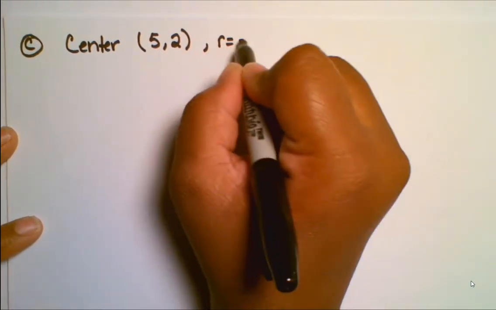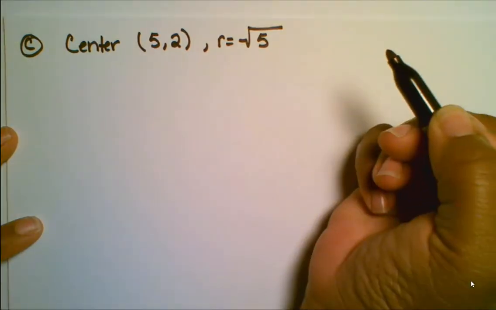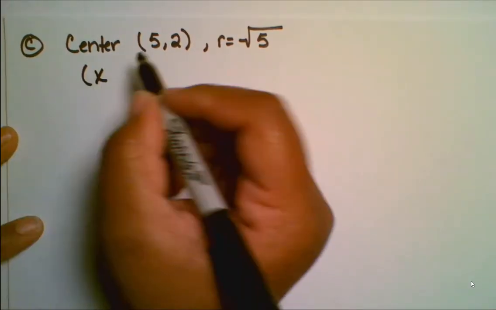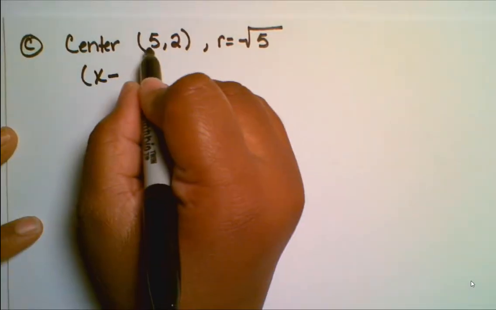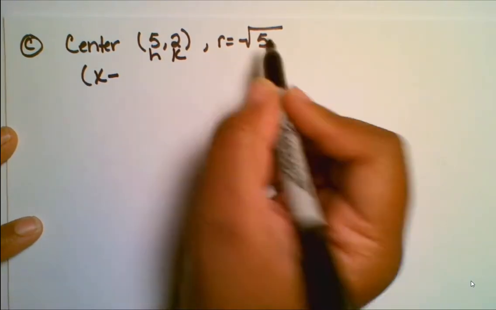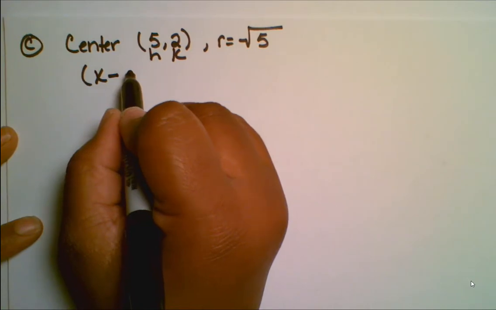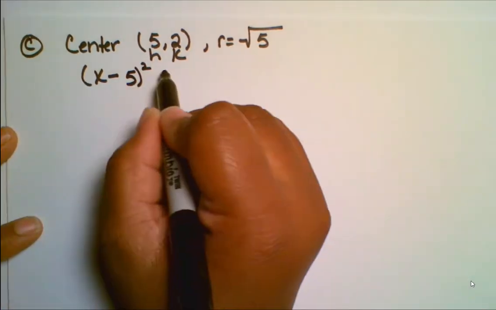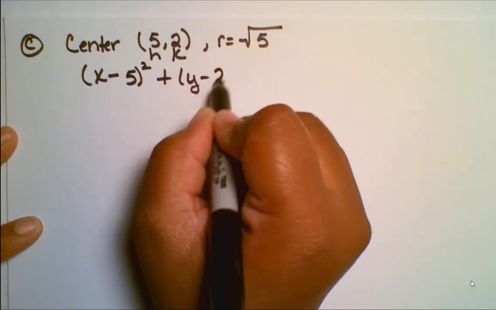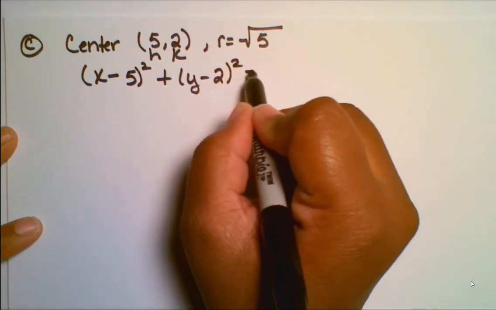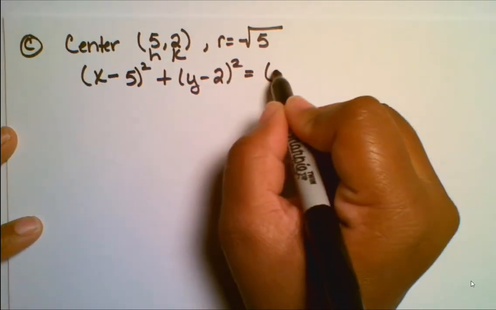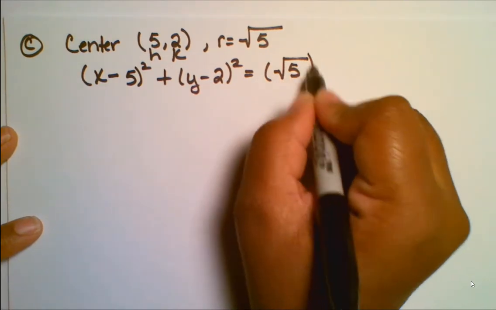The radius is the square root of 5. So we're saying x minus h is 5, k is 2, r is the square root of 5. So x minus 5 squared plus y minus 2 squared equals the square root of 5 squared.